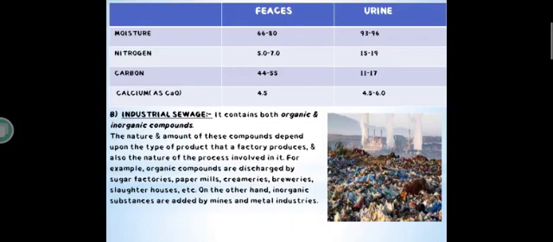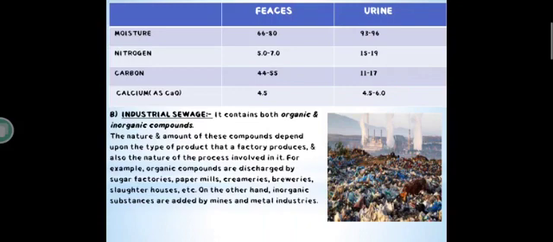Then comes carbon. Carbon is 44 to 55% in feces, while in urine it is just 11 to 17%. Calcium is present as calcium peroxide in a minute quantity, just 4.5% in feces, while in urine it is 4.5 to 6%.